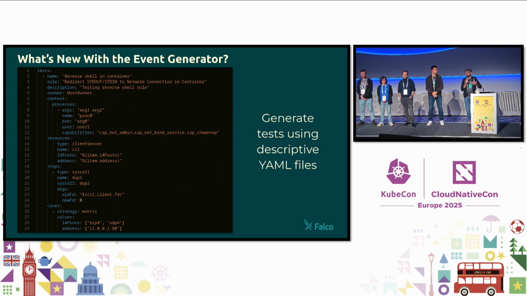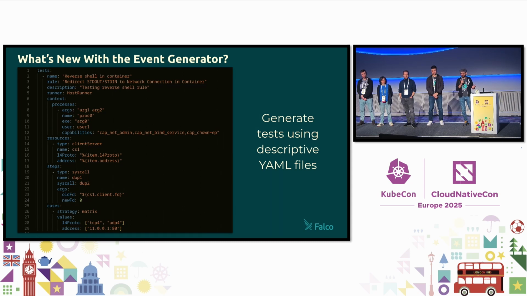You can create a process tree, a process lineage, with all the args, capabilities and names for each process. You can also create a resource like a client-server, which would be a bit difficult to implement in YAML. And you can also have steps. Each step will trigger a syscall. And this is all activity that will be generated for real inside the kernel.